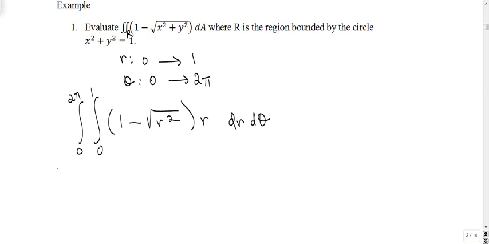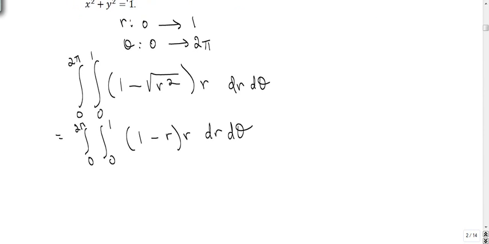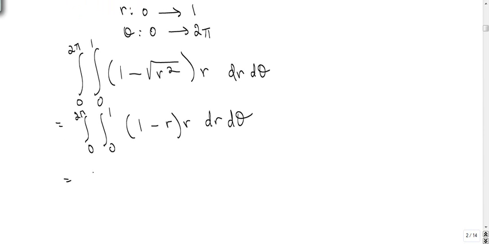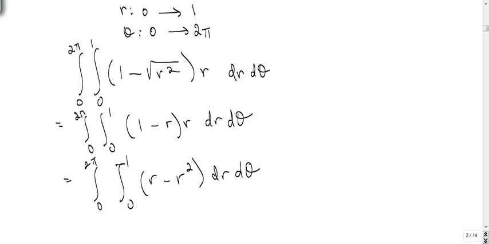Simplify, and we're going to integrate. So the integrand now becomes 1 minus r times r dr d theta, and let's simplify some more first. r minus r squared dr d theta.